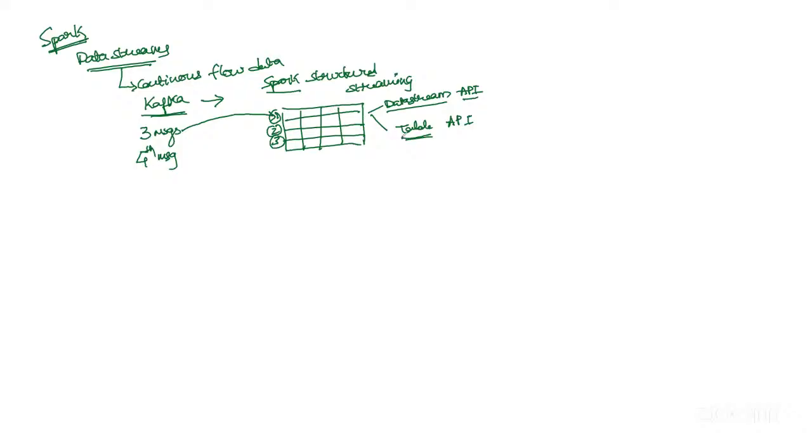Already there is a table or a data stream with 3 rows. Now the fourth message, as it arrives, will be appended as a fourth row. As the fifth message comes, it will be appended as a fifth row. It is as simple as that.